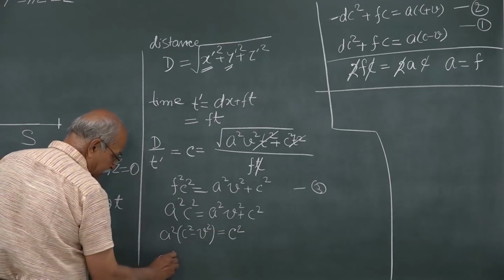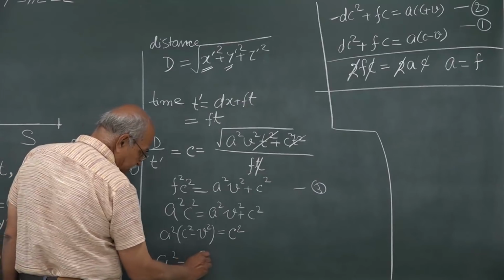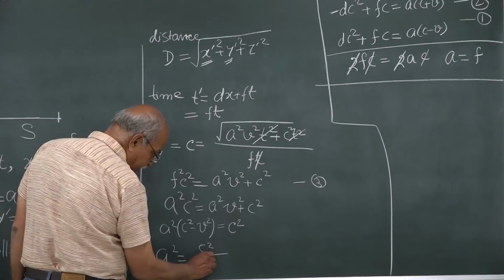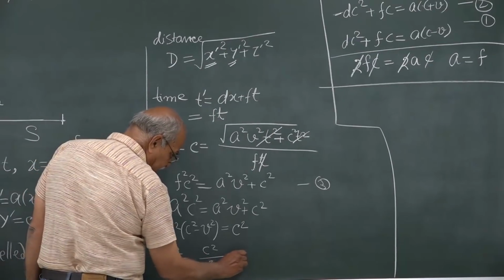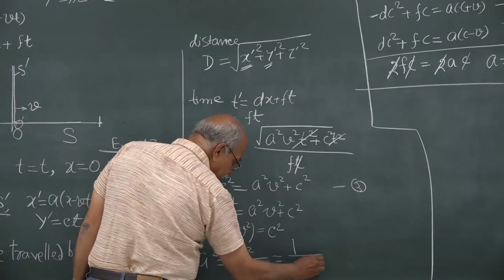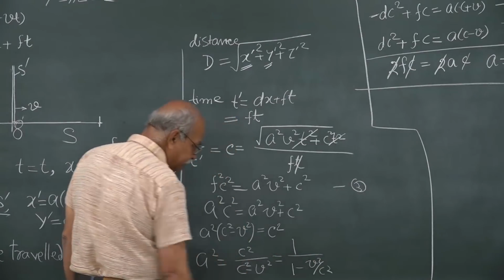So, A square is equal to C square divided by C square minus V square, and that is 1 divided by 1 minus V square by C square.